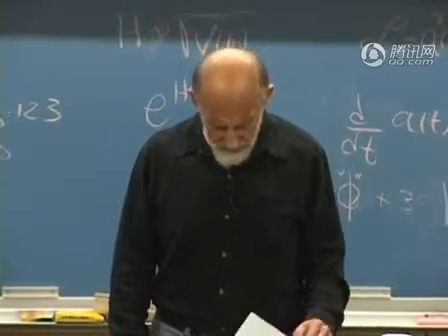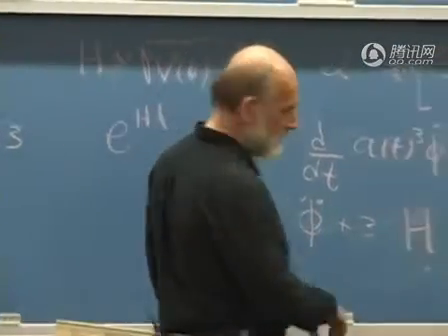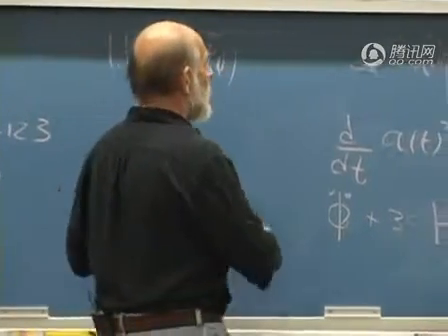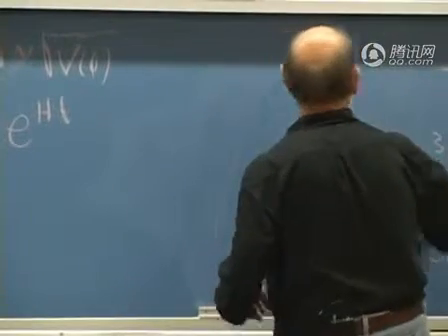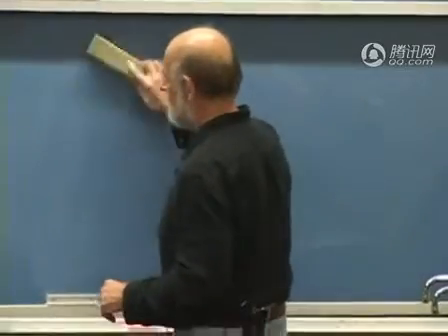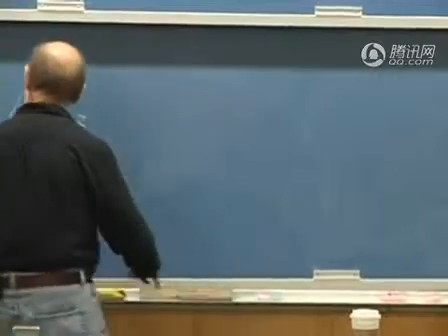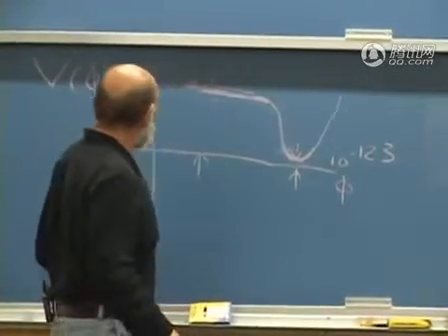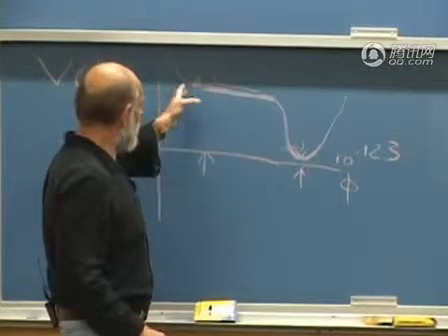So, to understand why it's not exactly right, we have to take some things from quantum mechanics. Let's suppose that the universe was not expanding, just the simplest possibility.